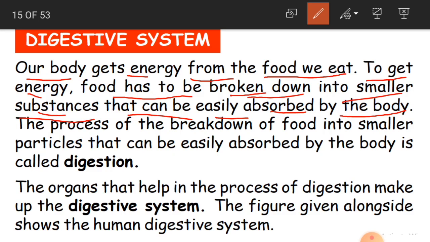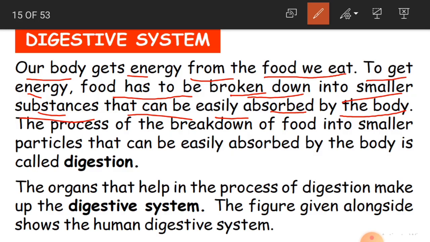As I said, we cannot eat a carrot or any other food substance as a whole. We cannot just swallow it. Liquids like milk we can just swallow, but solid food you cannot.